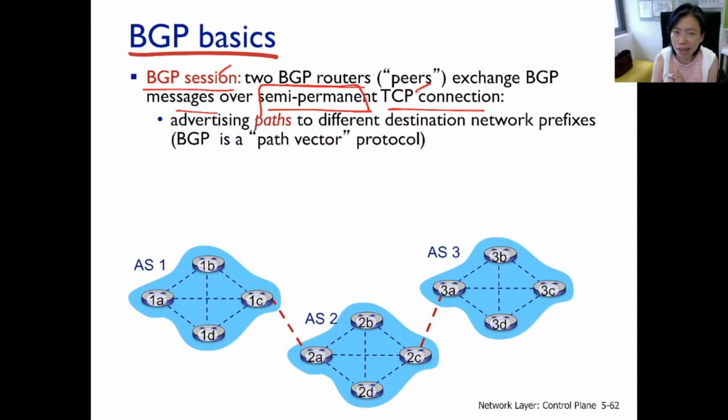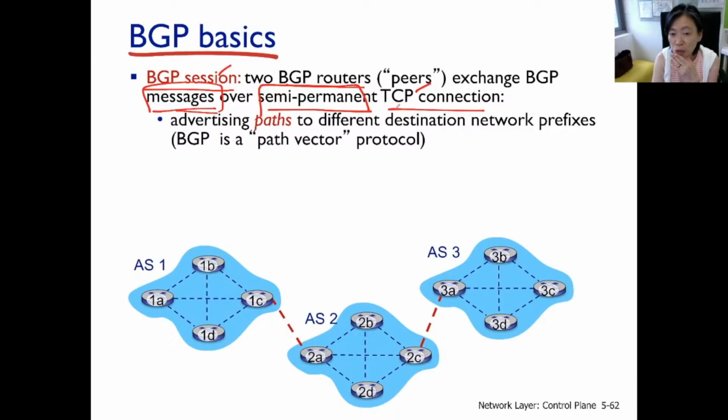Now, BGP is a routing protocol, right? These messages we send should be at layer 3, but TCP is actually a layer 4 protocol. How do you like this? On the other hand, TCP allows reliable data transfer. So would you prefer the path vector, these messages we're exchanging between the BGP routers, to be sent reliably or not?